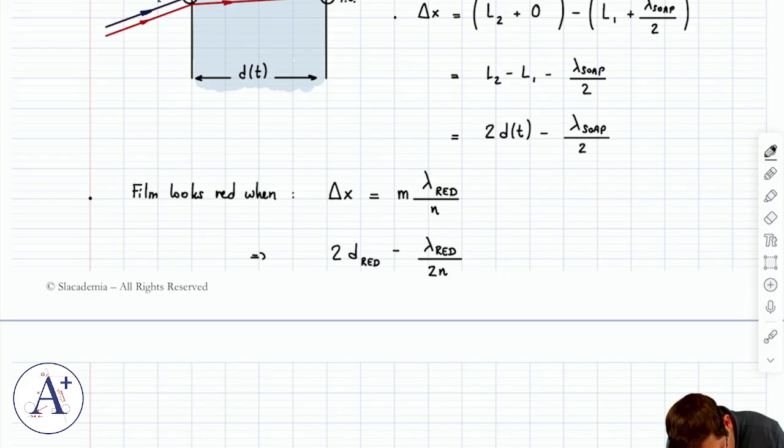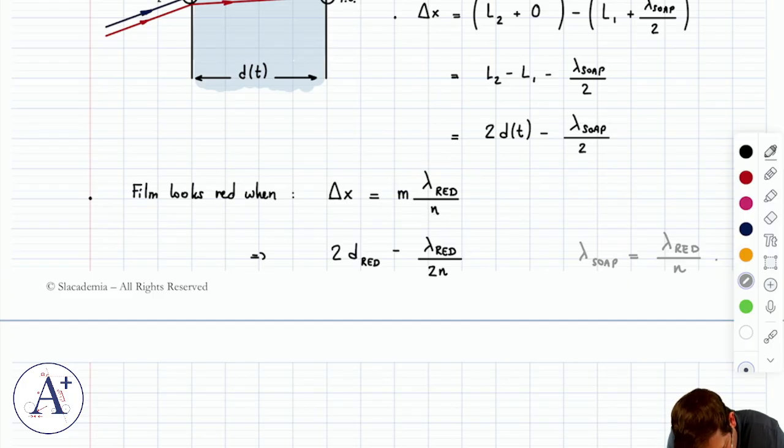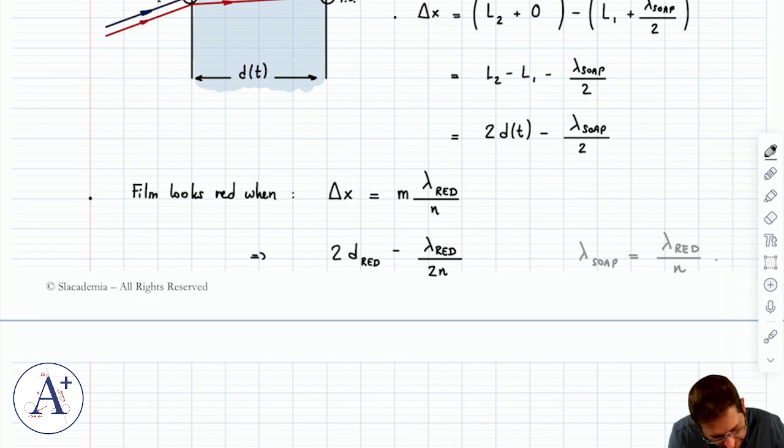In case you're wondering what I'm doing, I'm saying lambda SOAP is lambda in air, which is red apparently, divided by n. That's the same formula we applied here. No different, but you have to plug it into here as well. Okay, so I need this to be m lambda red divided by n.